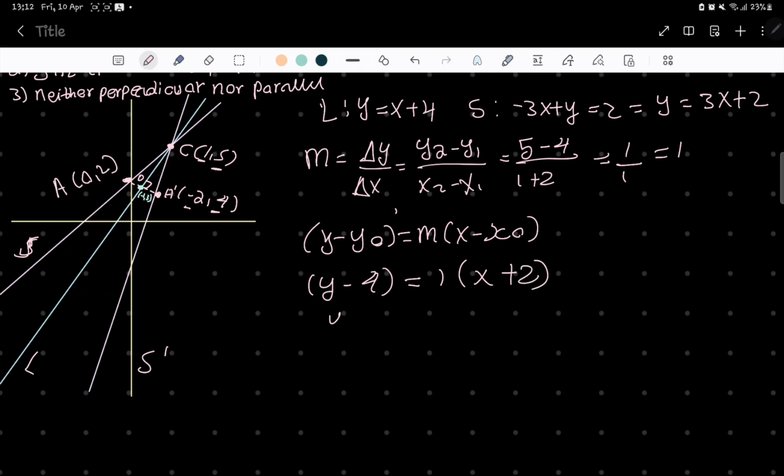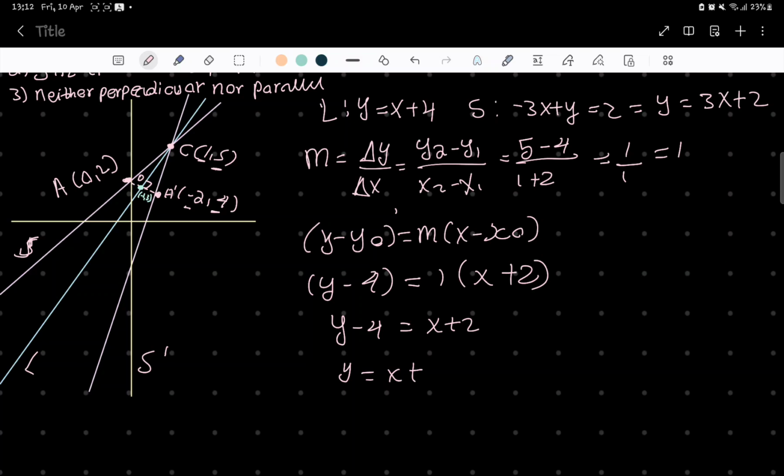So when we set up everything, y minus 4 is equal to x plus 2, and then it's going to be in standard form.